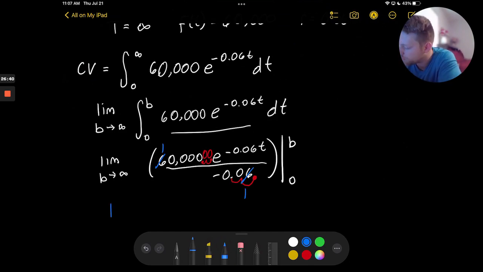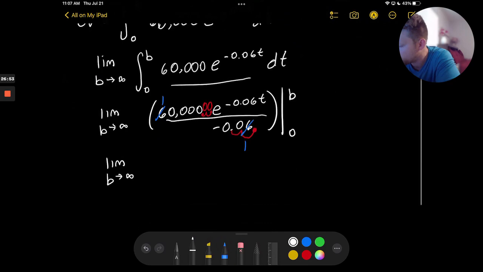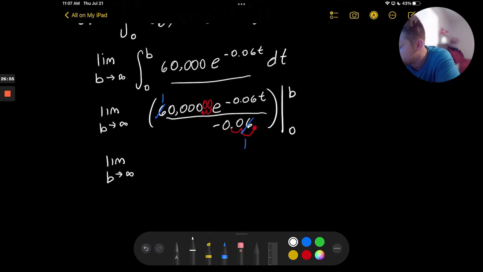On the outside here, we'll do the limit again, b goes to infinity. And here we'll have 1 million left over. So we have 1, 2, 3, 4, 5, 6 zeros when all added up there.